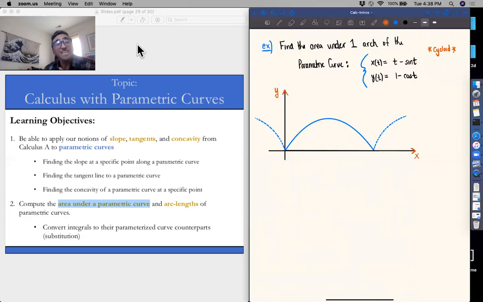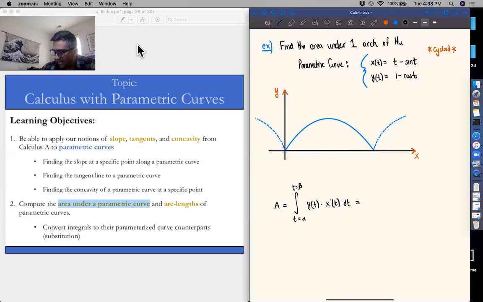So it'll actually continue this arch pattern for all t values over and over. So let's see what we need for this area formula. Remember, we had this area formula, which was for some lower t bound, which I think we called alpha before, and for some upper t bound, which we called beta, and we needed y of t times the derivative of x with respect to t, dt. So right away, we can start plugging in some of those quantities.